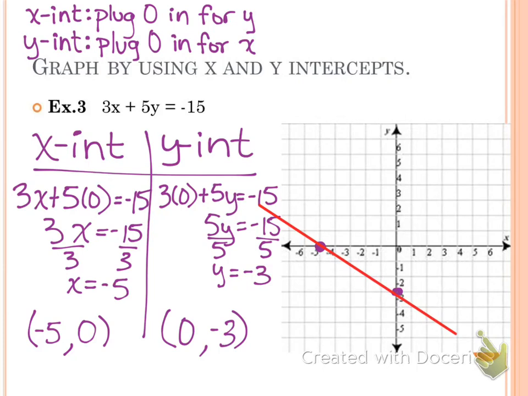So use the edge of your ID or some other straight edge, a ruler if you have one. I find that the edge of your ID works nicely because you should have an ID anyway. But I don't want squiggly lines, so make sure you're using a straight edge for these.